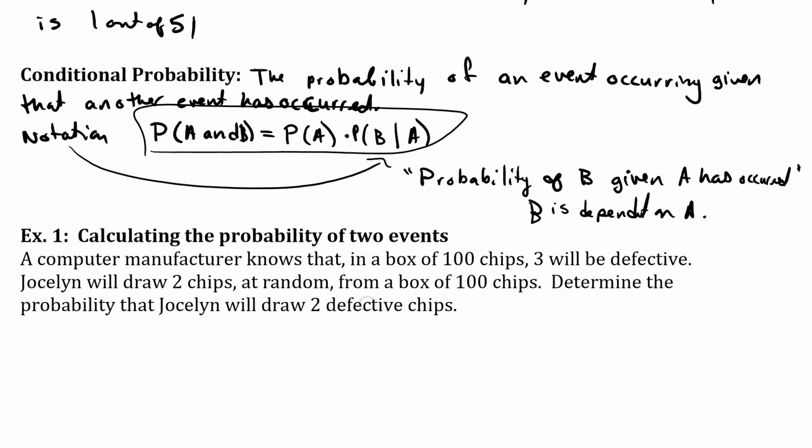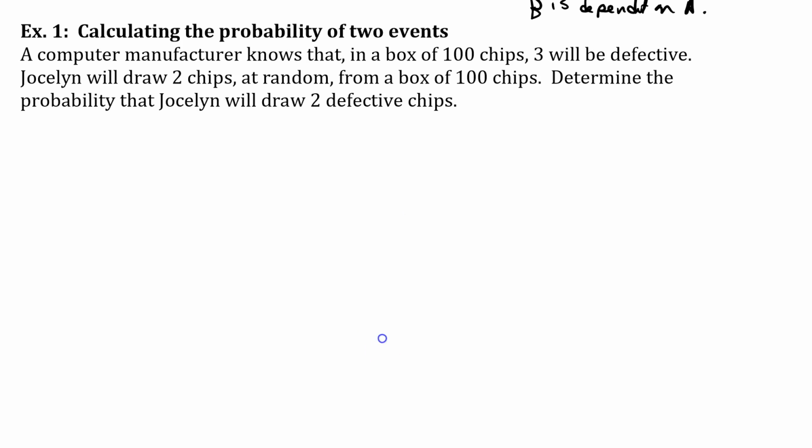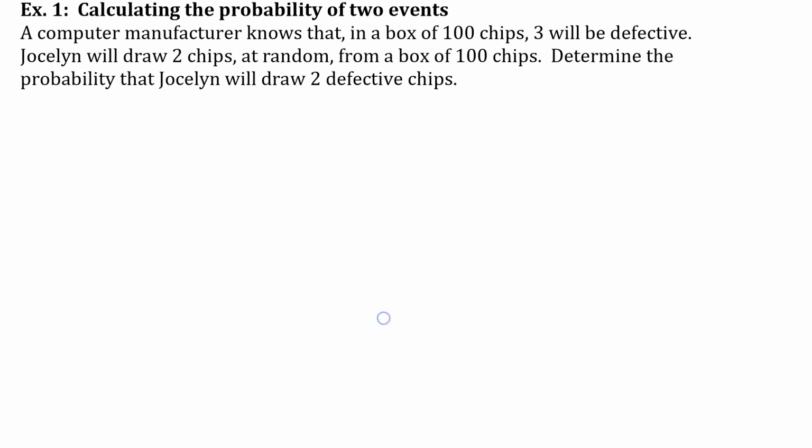So let's launch into this example here. Calculating the probability of two events. Now, what is really helpful in dependent event examples is learning how to draw a tree diagram. So first things first, let's read the question, and then second things second, let's define our sets.